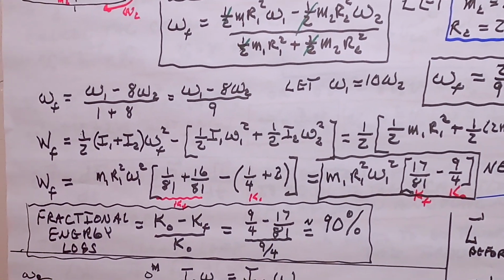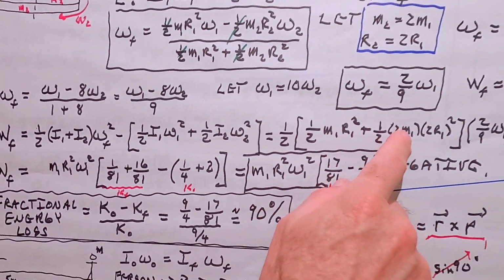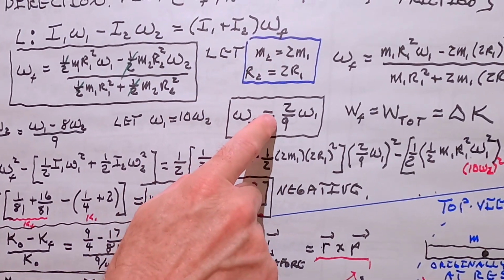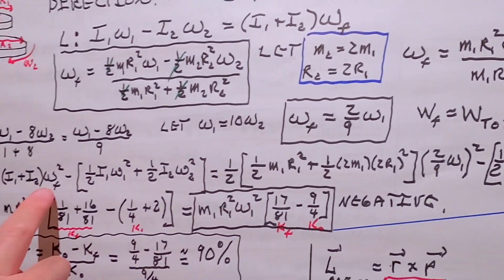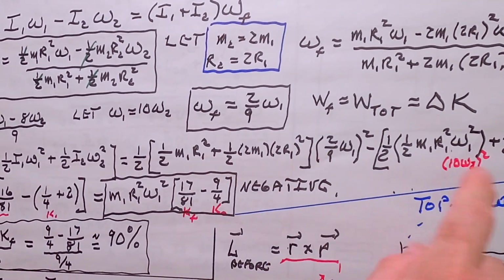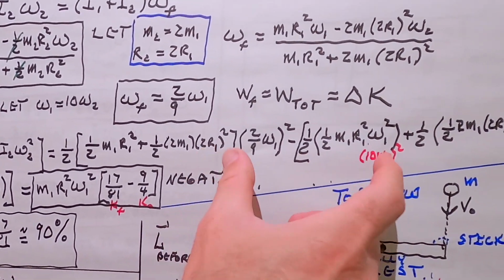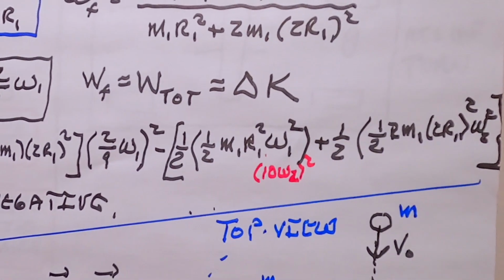Okay, so now all I have to do is plug in what the I's are, using these simplifications right here, plug in my omega final right into here, and subtract right here. So it got a little messy right there, but you can follow the algebra and you just subtract.